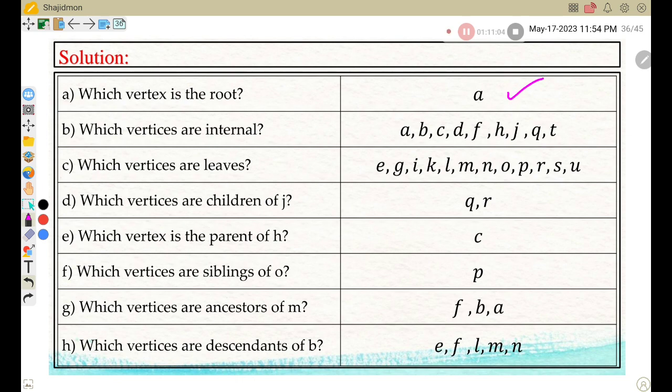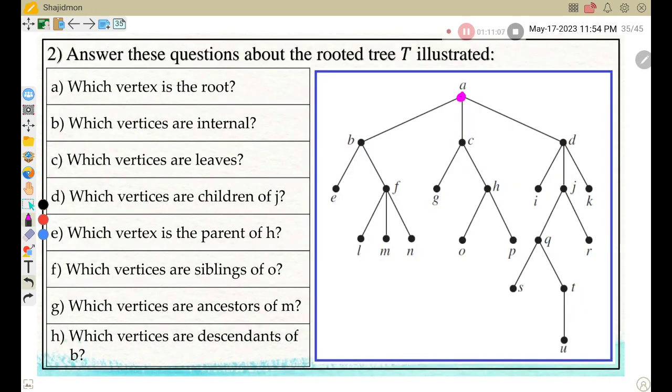Okay, which vertices are the internal vertices? Internal vertex means, what is the meaning? Internal vertex means the vertex should have a child, correct? So for example, this one is internal because this is having a child. A is an internal vertex, it is having a child. D is internal because this is having children. C also internal, children are there. H also internal, children are there.